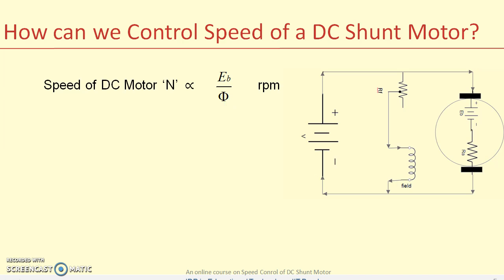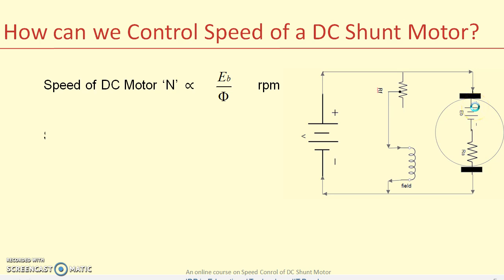Now, what is the relationship between speed, flux and back EMF? Back EMF is proportional to N into phi. Now you can make the equation like this: N is proportional to EB divided by flux phi. What is EB? EB is nothing but V minus IA into RA.